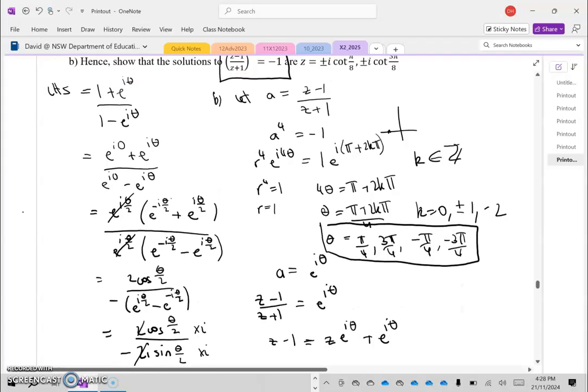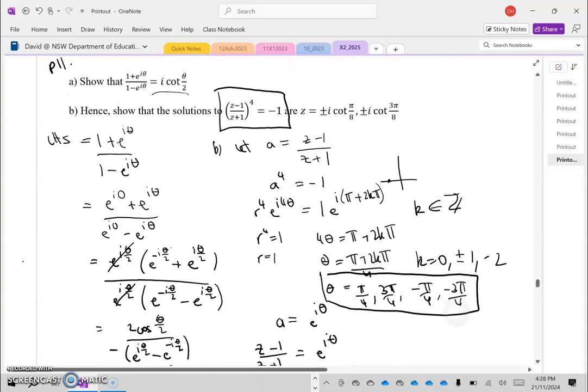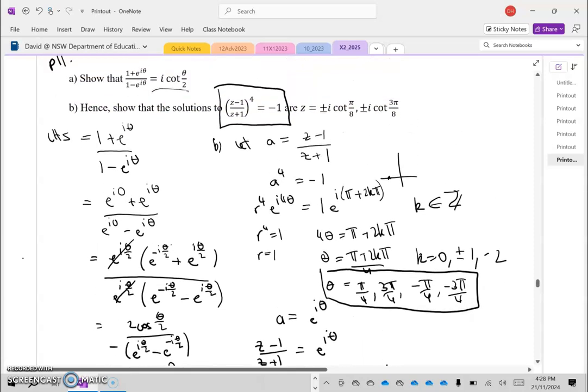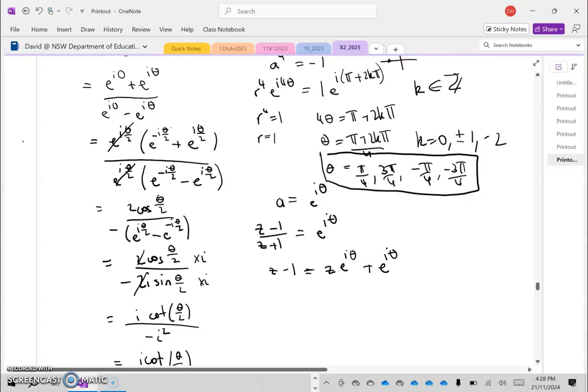Now, something interesting. This is going to look very much like your answer to part A, I can see already. Okay, so I'm going to drag the z's on the left. So 1 plus e to the i theta there. Factor out the z and divide.